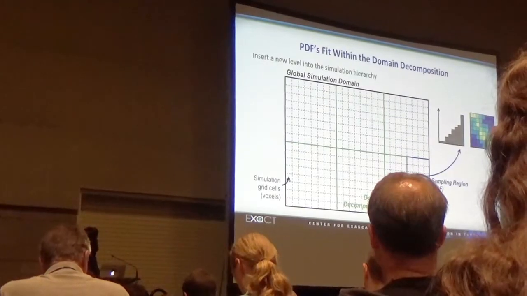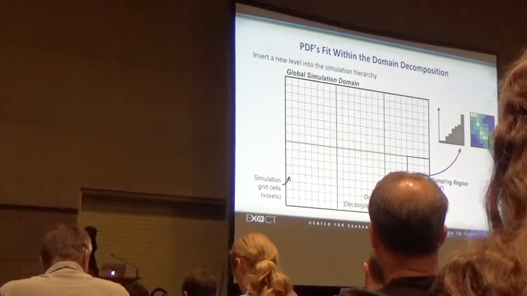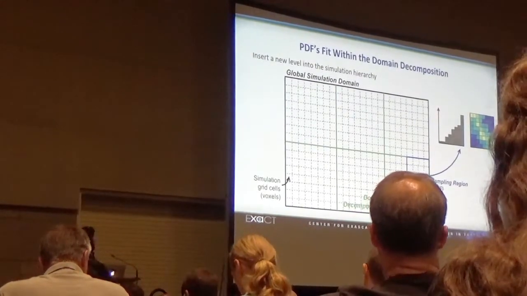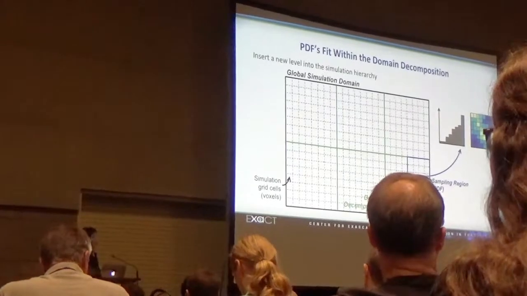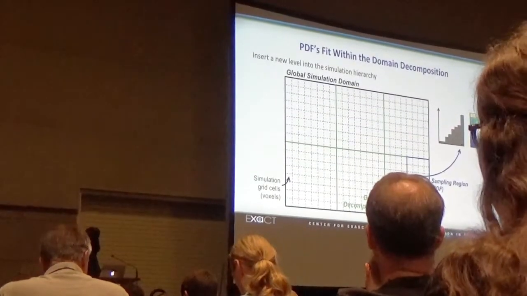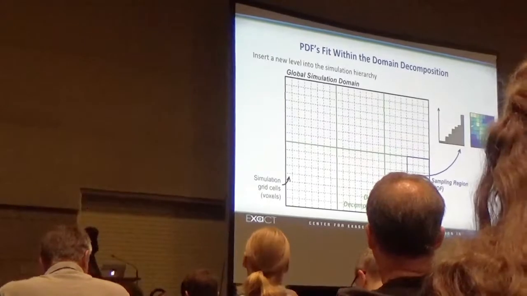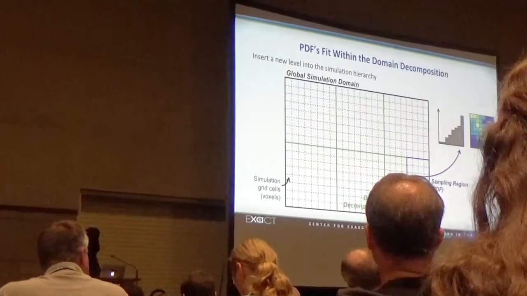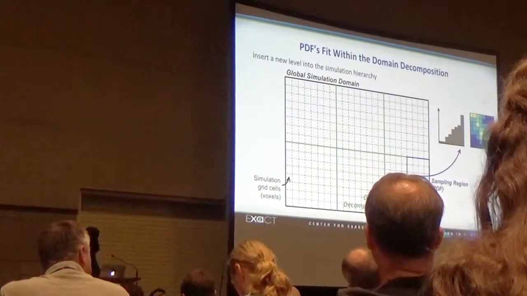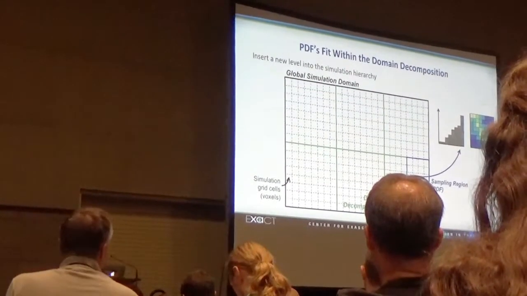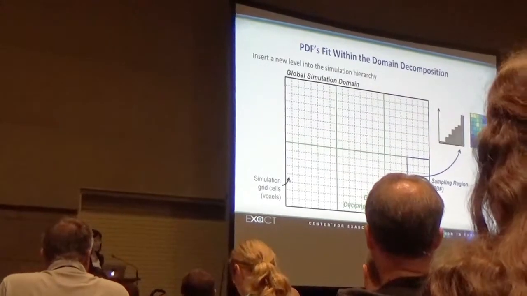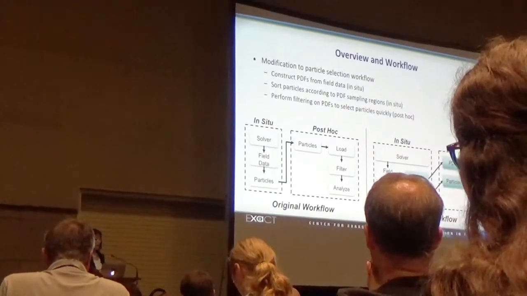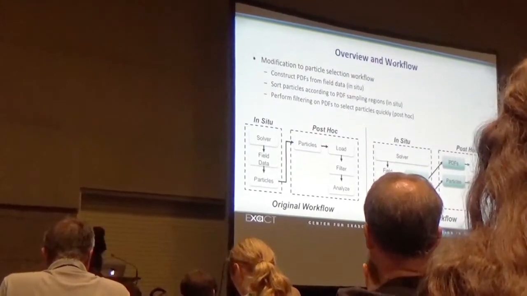And so what we do is we fit these sampling regions for the PDFs or histograms within the existing domain decomposition and not cut across several domains, so that we minimize any kind of communication across domains. Within each of these sampling regions, we can compute a number of histograms in whatever quantities you want to see them decomposed in. And then we also sort the particles that exist in those sampling regions and re-index them based on the decomposition of the PDFs.